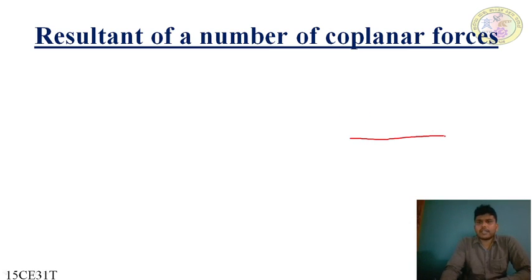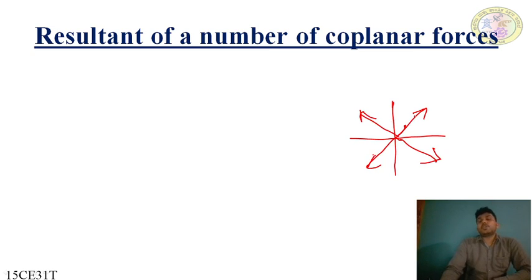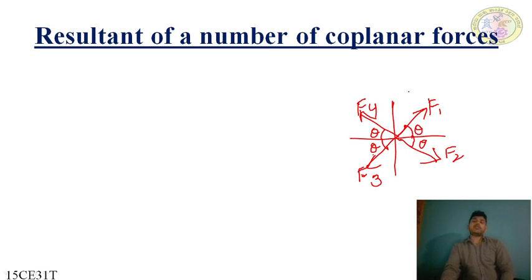When forces are acting as coplanar concurrent forces, and the angles with respect to the x-axis of all the forces are known, then for the forces F1, F2, F3 and F4, the resultant of all these forces can be calculated by the formula.